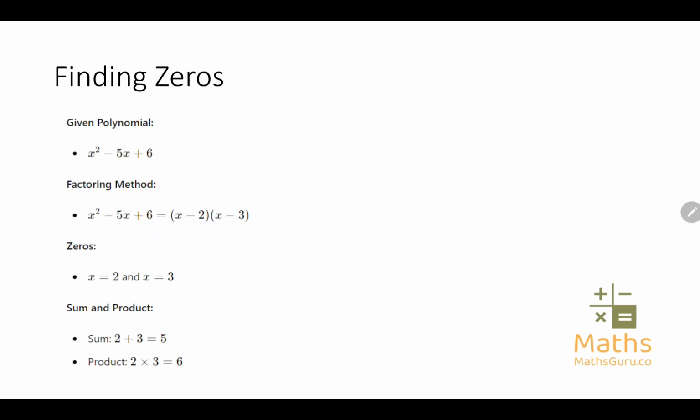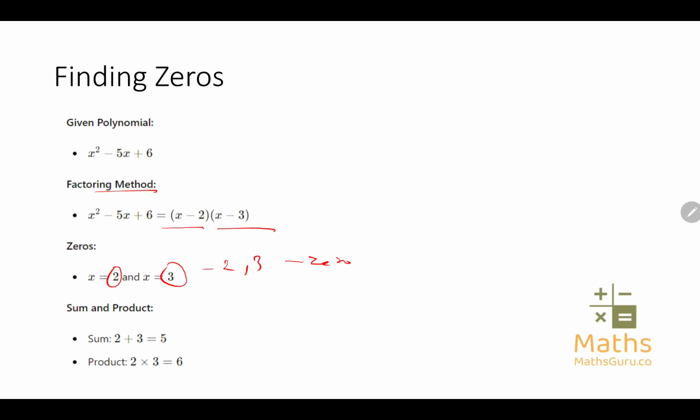So let's take the first example, x square minus 5x plus 6. If I factor this equation, it would be x minus 2, x minus 3. From there you will get x equals 2 and x equals 3. So 2 and 3 are the zeros or roots of this equation, x square minus 5x plus 6.